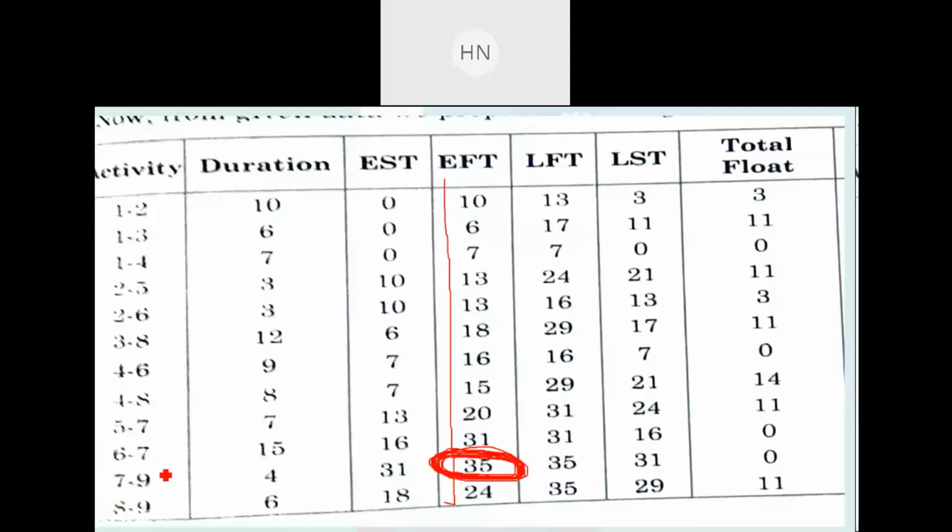For example यहाँ पे 7 to 9 एंड 8 to 9 ये दोनों एक्टिविटीज़ 9 पे मर्ज हो रही है, यानी कि लास्ट इवेंट पे मर्ज हो रही है. तो उन दोनों का जो LFT जो है वो सेम कितना रहेगा, ये मैक्सिमम वैल्यू जो है 35, EFT में जो मैक्सिमम वैल्यू है 35 वो सेम रहेगा.